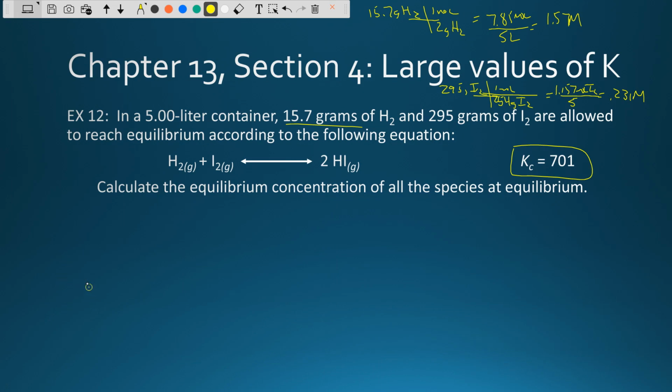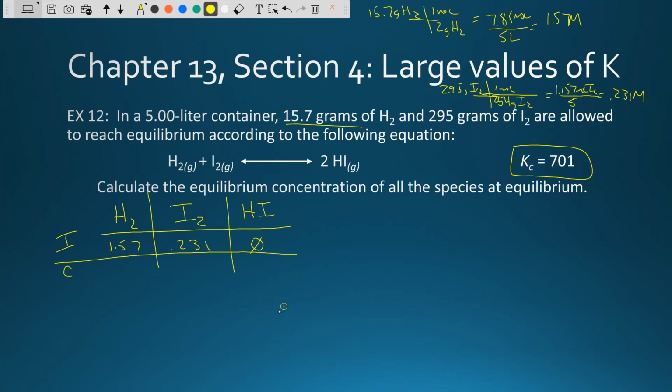And why we're doing this is it's a little bit different. I see that my hydrogen is first going to go here, and my iodine, and then my hydrogen iodide. All right, so for the initial, I'm going to say 1.57, 0.231, and 0. Now, my change is going to end up subtracting by the smallest, so 0.231 in this case.